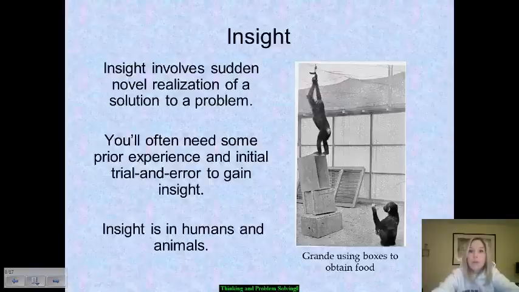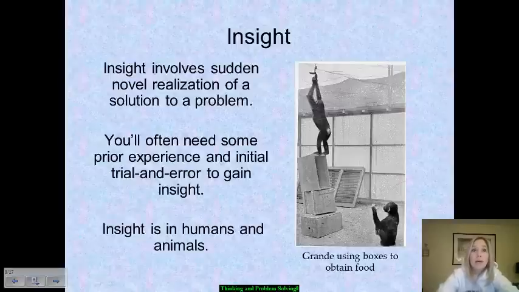Another way to attempt to solve problems is through insight. We learned about this when we covered learning in Unit 6, and we talked about Kohler's studies with chimps. Remember Sultan and his ability to use the items that are available to him to be able to solve the problem of getting to his banana. Insight involves a sudden realization that we have, that aha moment, if you will, that enables us to figure out the solution to an issue.